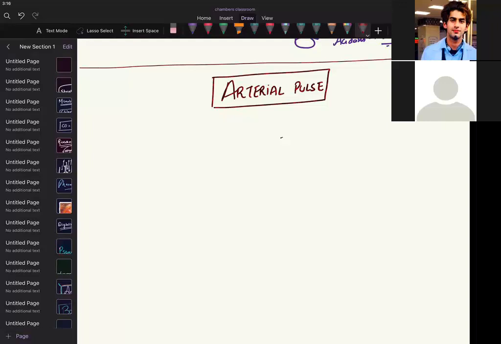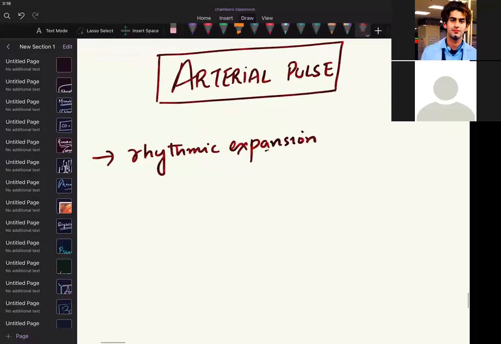Arterial pulse is basically defined as rhythmic expansion of the arterial wall.